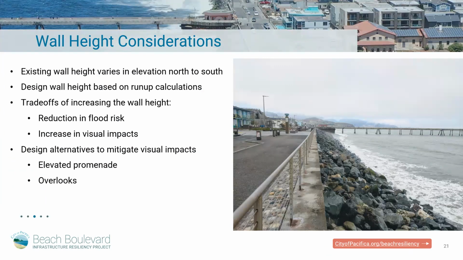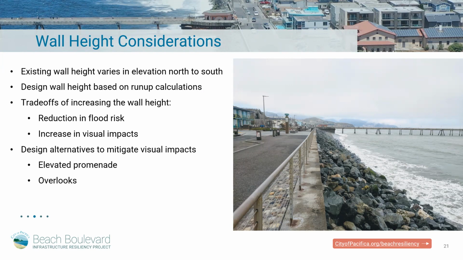So as for the project designers that are designing the seawall, we have to consider the existing condition of the grades and also the coastal conditions. And so right now, the existing wall height varies, and the elevation of the wall crest varies from north to south. Generally, it's a little higher in the north, and then there's an area where the grades increase slightly and then they decrease back down as you approach the south.